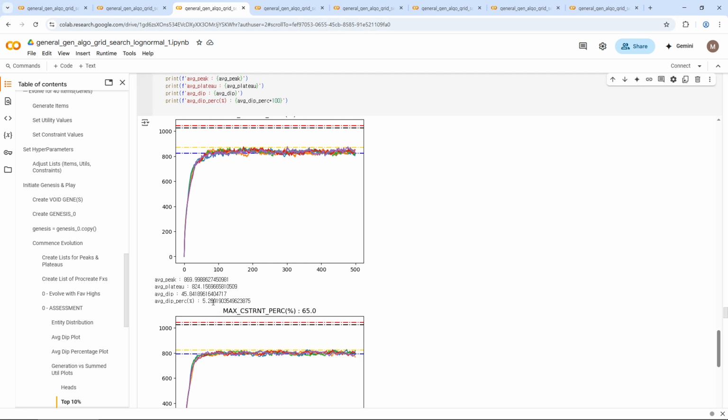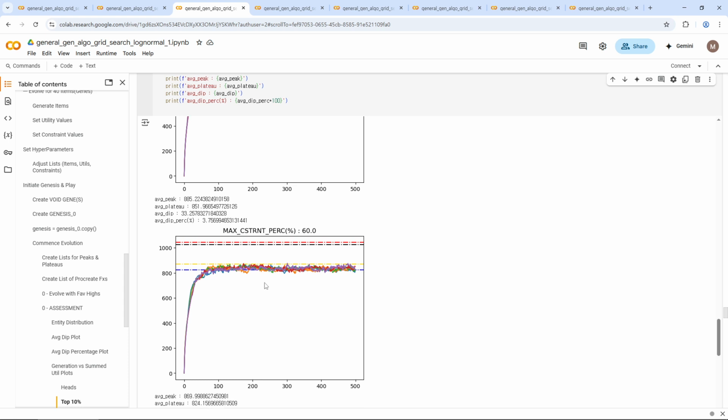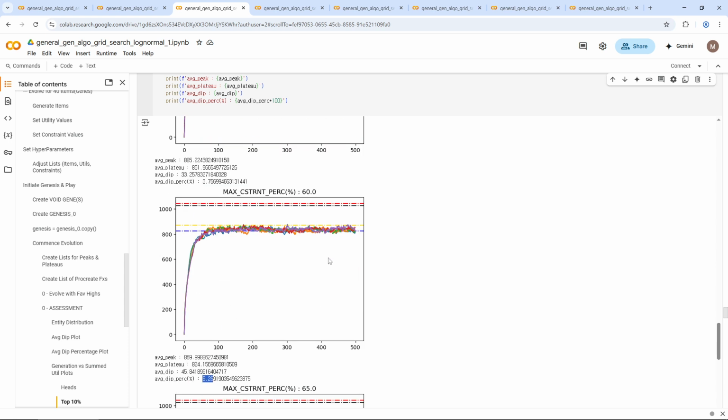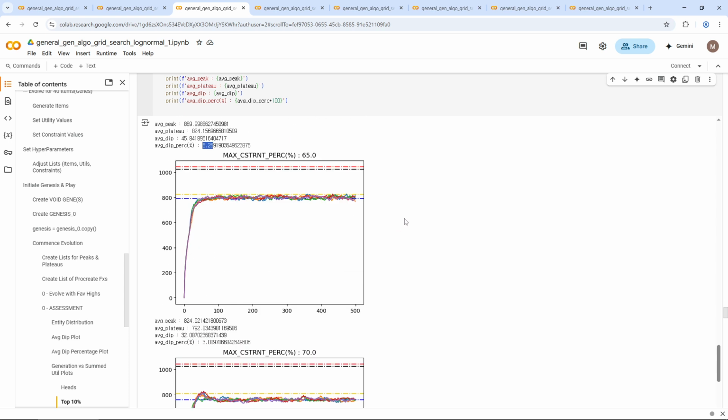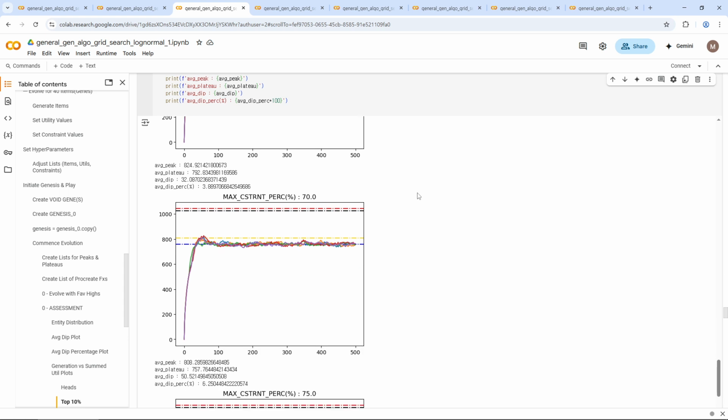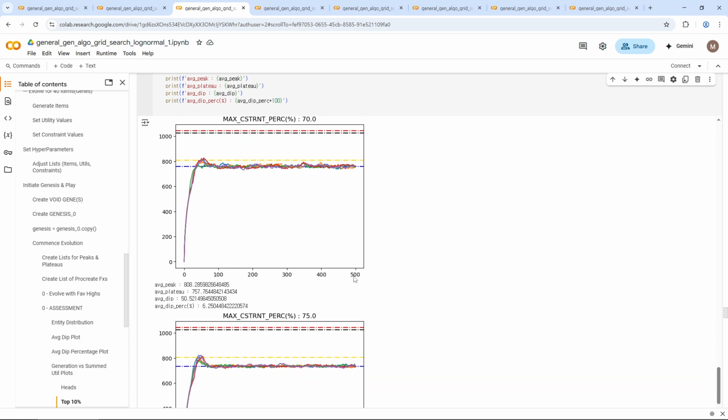Now we start getting the average percentage above 3%, 0.25% average percentage, because now we do have some peaks.